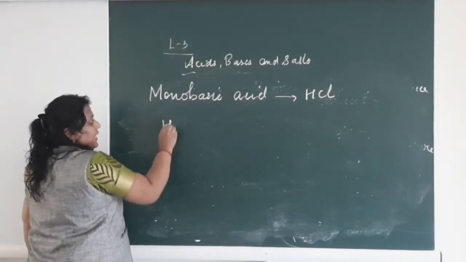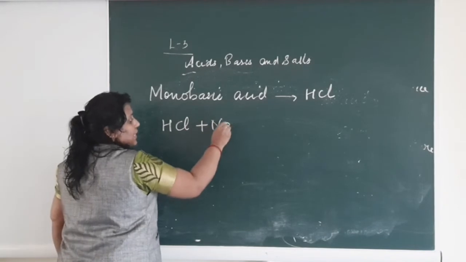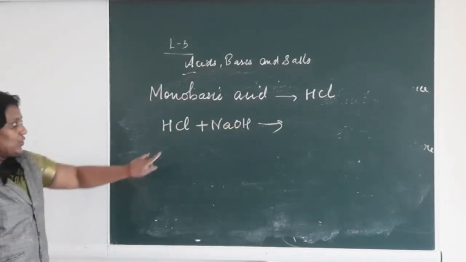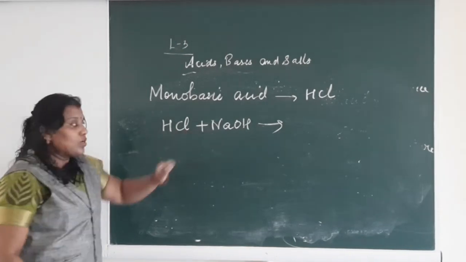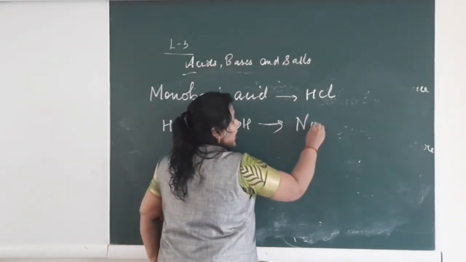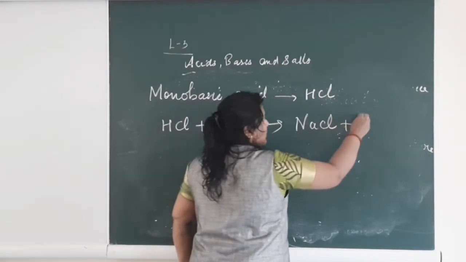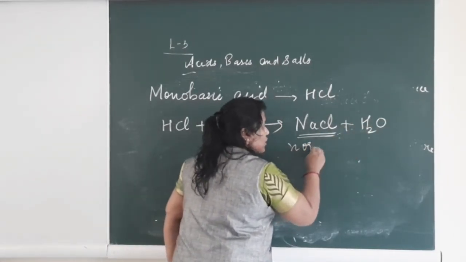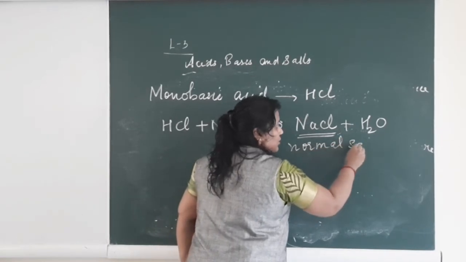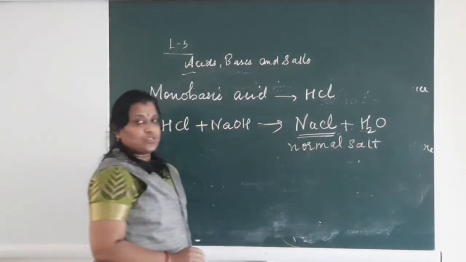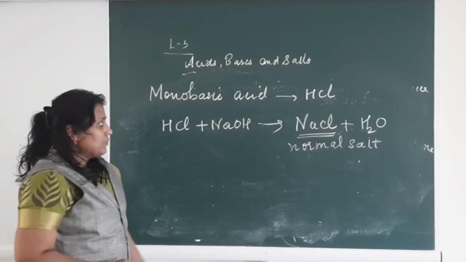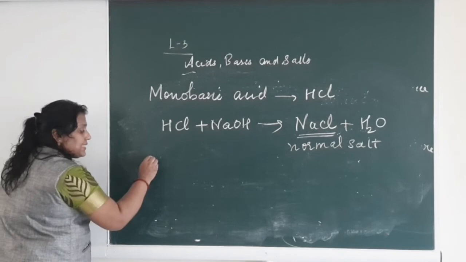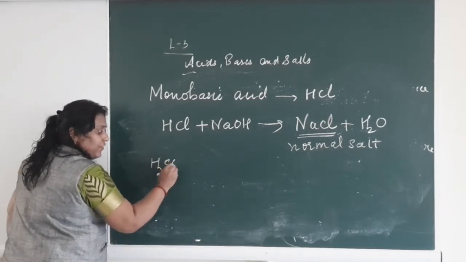So if HCl is made to react with NaOH, you can identify the salt. It is NaCl plus water. It is a normal salt. Fine? Normal salt.